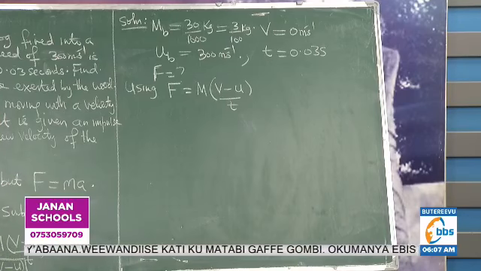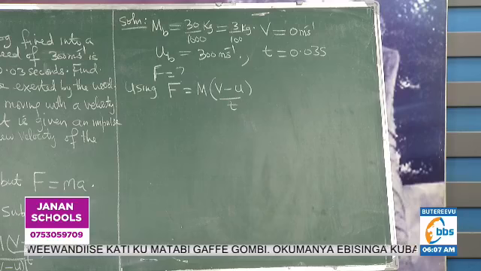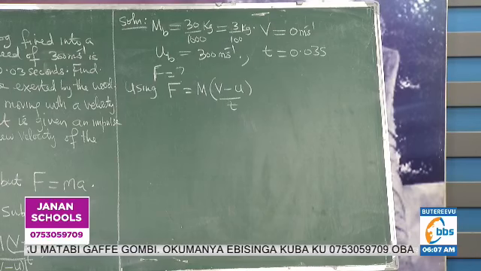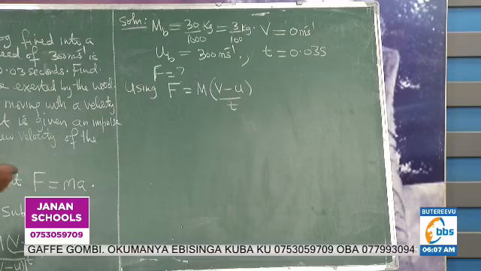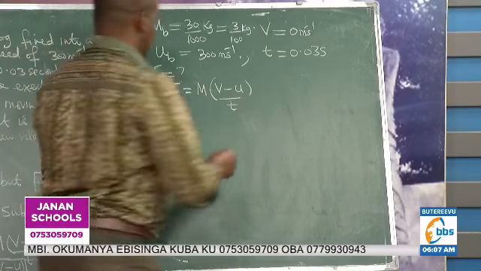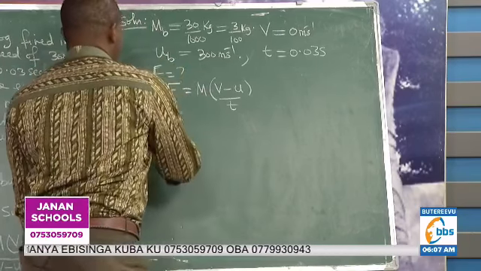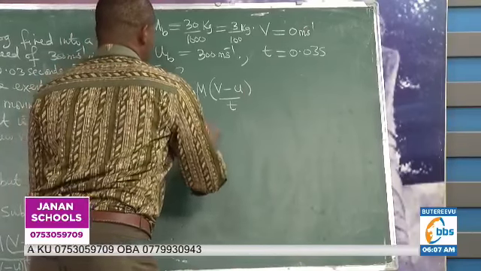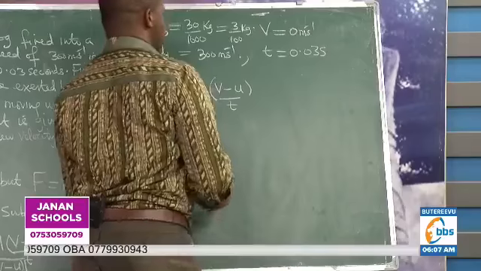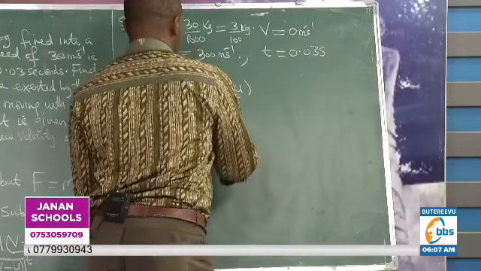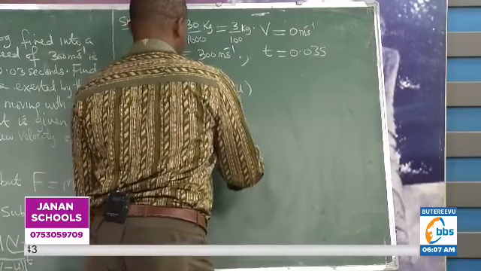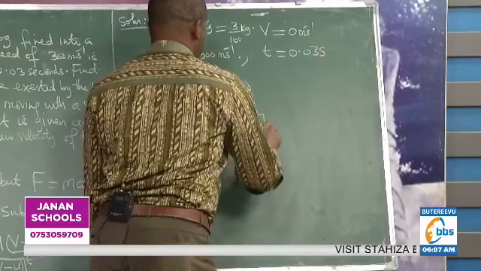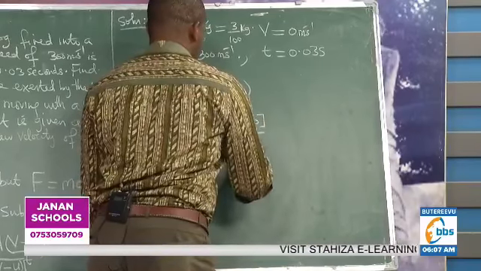This resistance is going to be obtained by getting the force. We know the mass, so if we substitute in, we have 3 out of 100 times the change in velocity, which will be 0 minus 300, over the time, 0.03.